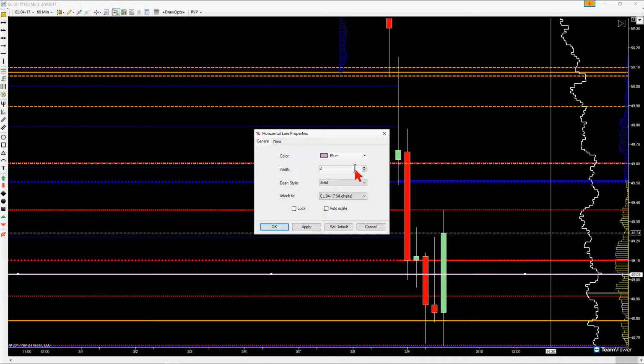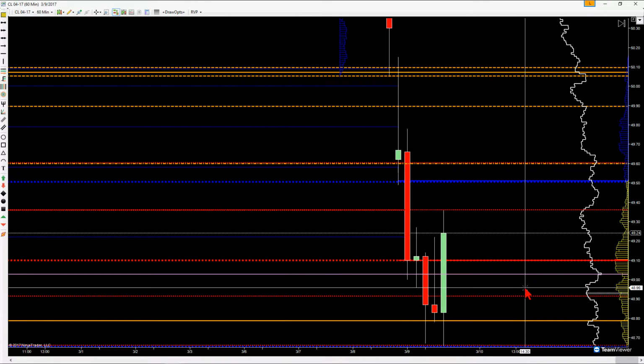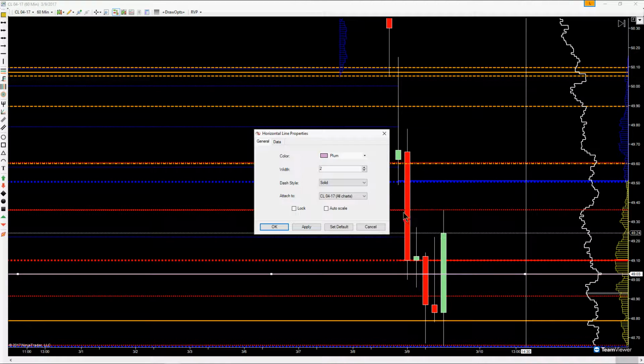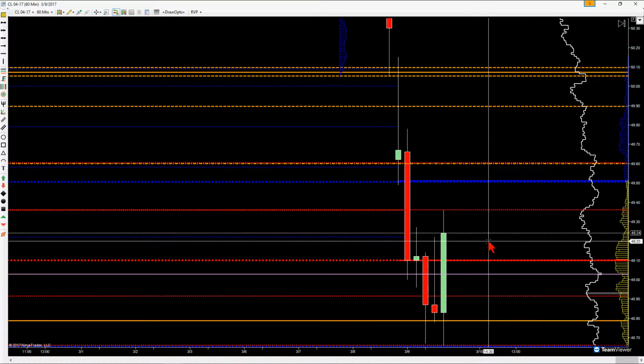And it looked too much like, it looked exactly like the VPOC does. Okay. So composite low volume node will be that, whatever the hell color this was called. Plum. Sounds yummy. Okay.